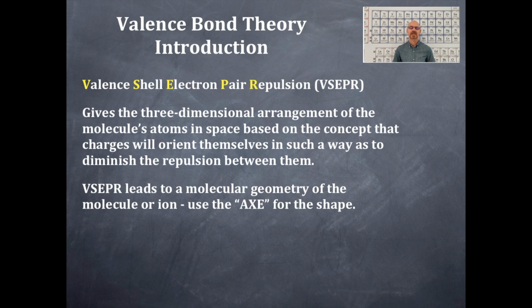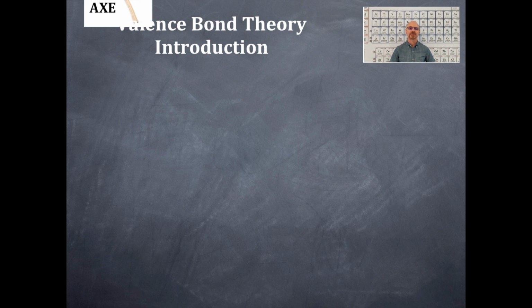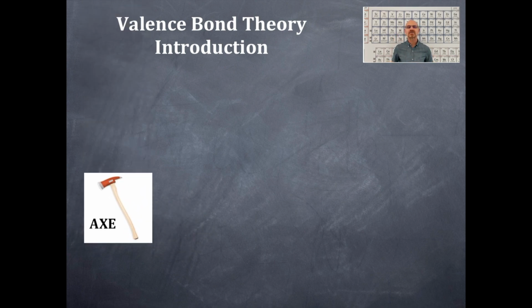VSEPR leads to a molecular shape, molecular geometry for that molecule or ion, and I'm going to use an AXE for this shape. So let's figure out what that AXE actually means here. The A in the AXE is for the central element.